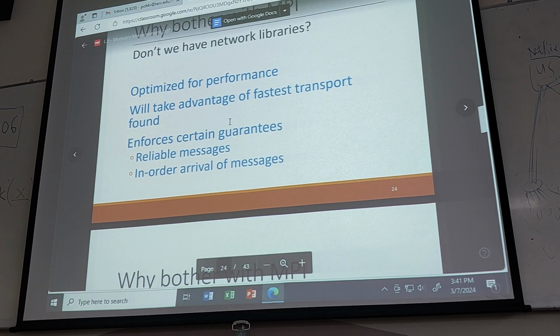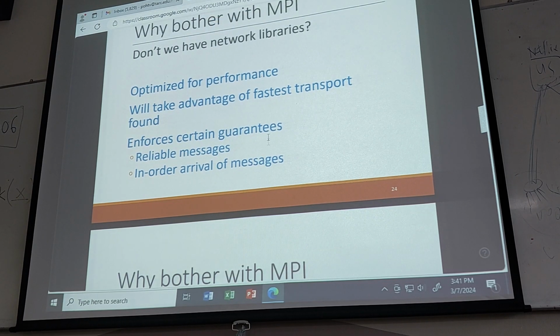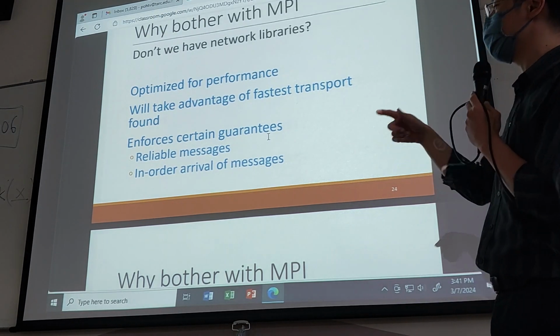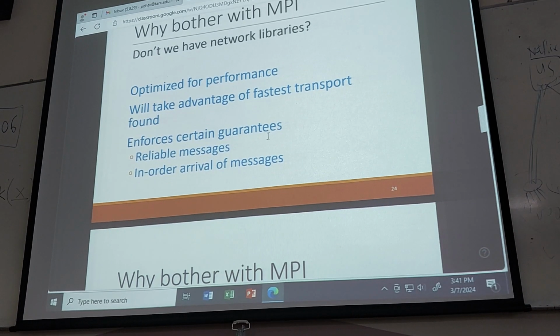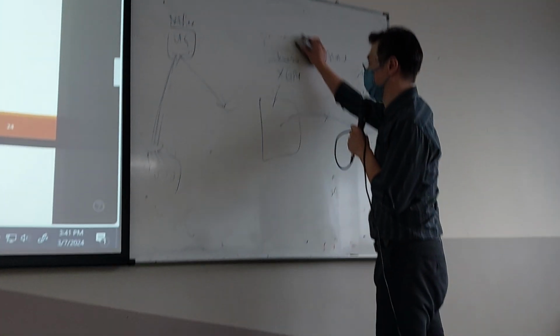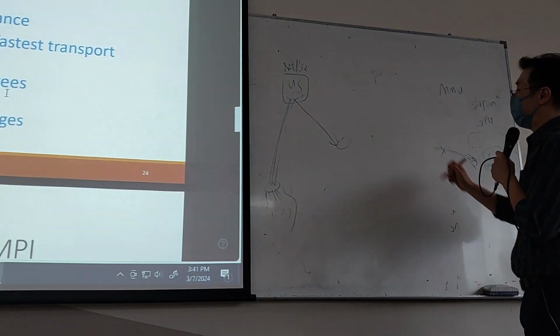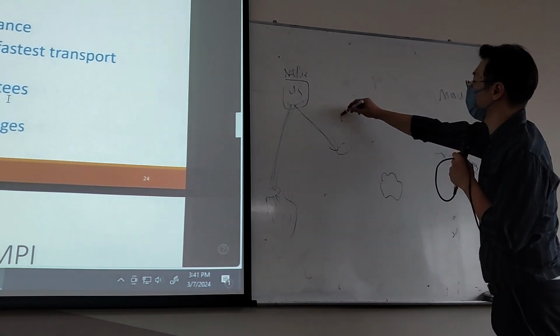And you also don't have to worry about out-of-order arrival of the messages, okay? Because when you send the data, let's say for example, you send it over the internet. Although the internet looks like a cloud, actually it's not just one path to get to the final destination. For example, let's say this is a Malaysian network and this is America.